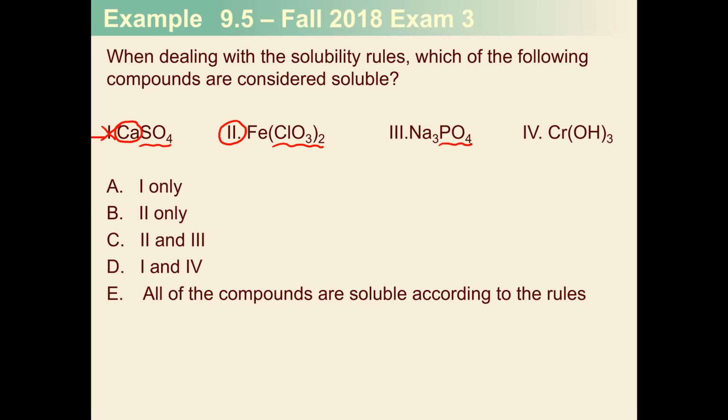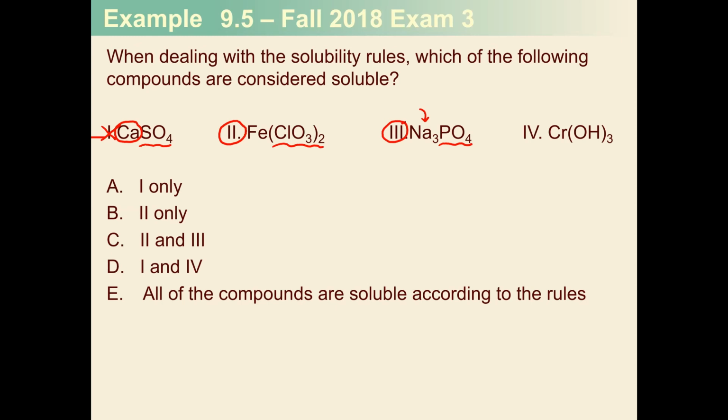But like the examples that we saw before, I'm not worried about the phosphate, which can historically be insoluble, because I am focusing in here on the sodium. The sodium is always going to make our phosphate soluble in this case, because all sodium compounds are soluble. So number 3 is a possible answer.